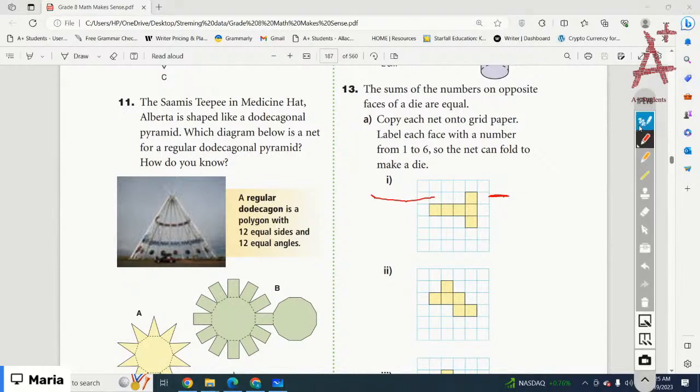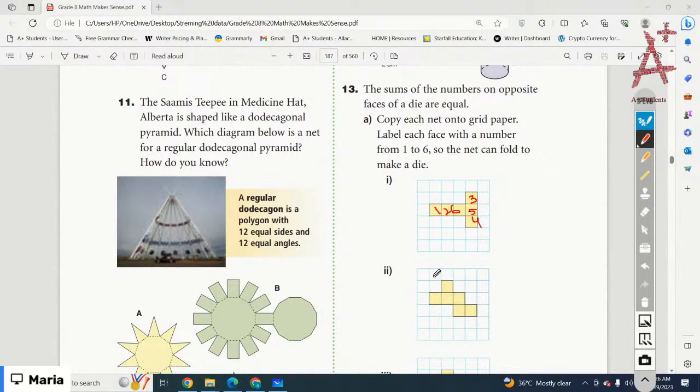Hmm, okay, the sum of numbers on opposite faces of a die are equal. It would be 1, 2, 6, and 3, 5, and 4.